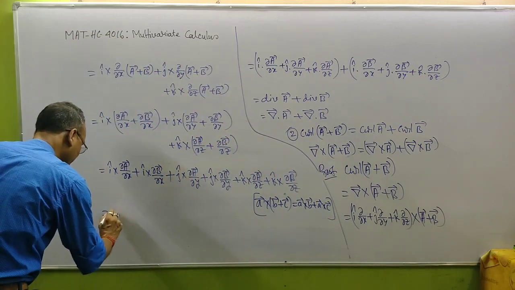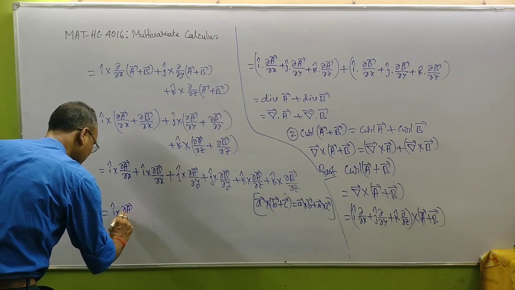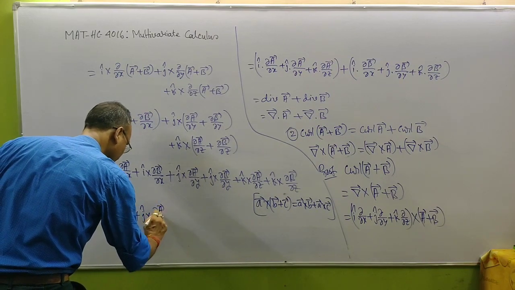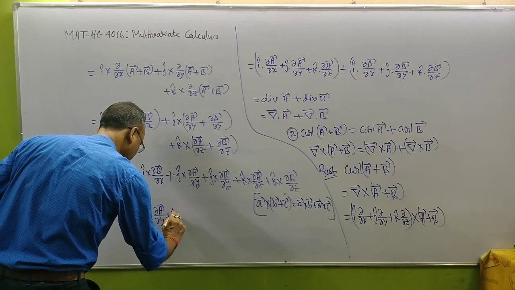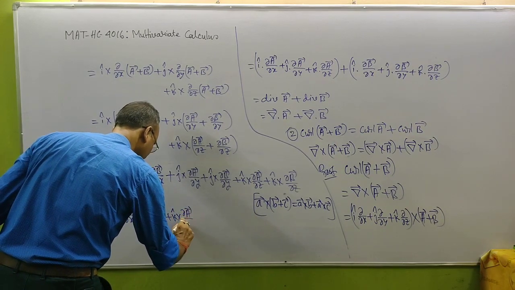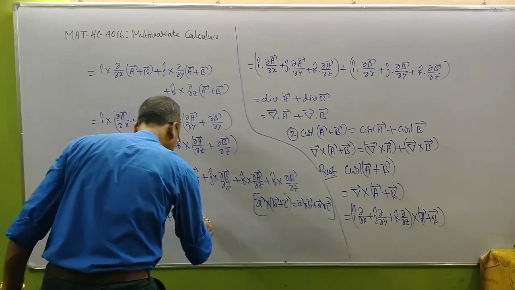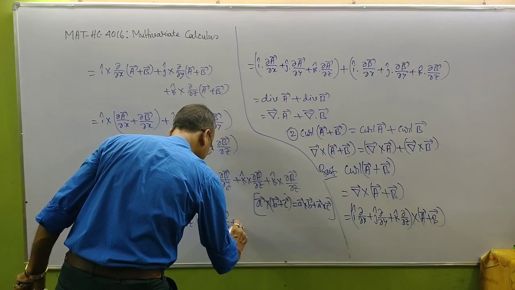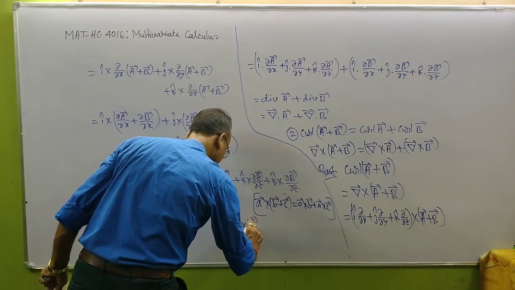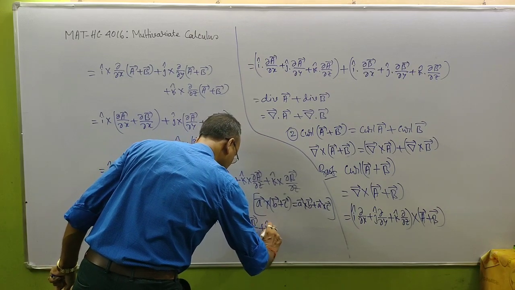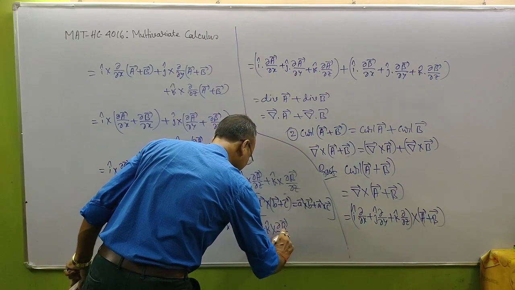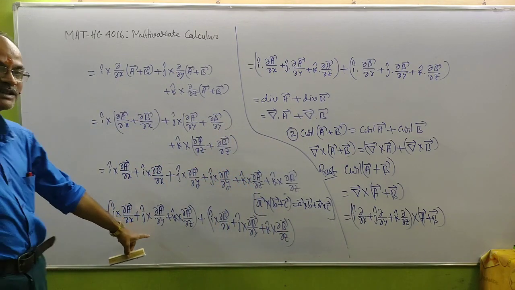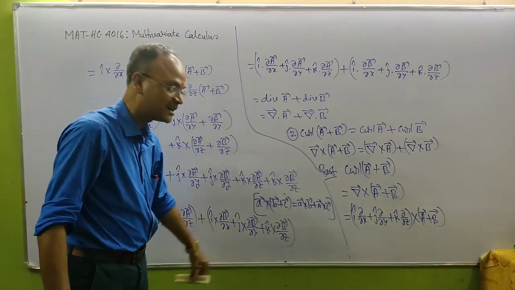This is equal to i cap cross delta A by delta x plus j cap cross delta A by delta y plus k cap cross delta A by delta z, plus i cap cross delta B by delta x plus j cap cross delta B by delta y plus k cap cross delta B by delta z. What is this? This is nothing but curl A vector, and this is curl B vector.